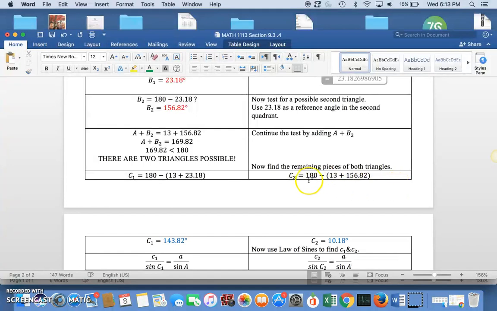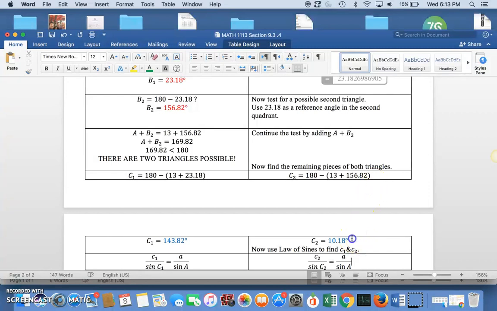Same thing here: 180 minus 13 plus the second angle we found, 156.82. When you subtract that, angle C2, the second C, is 10.18.